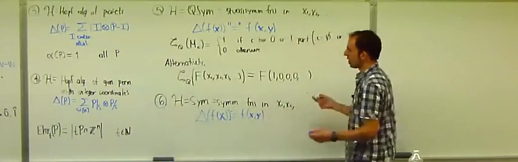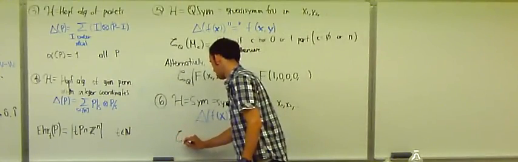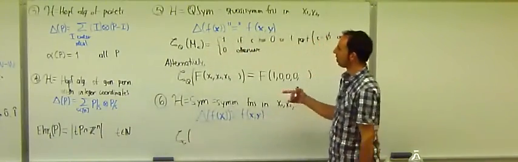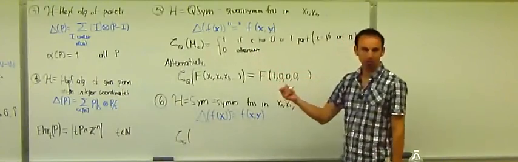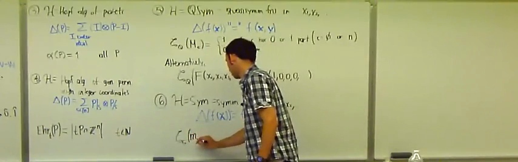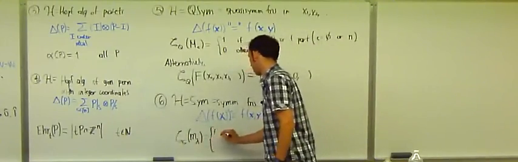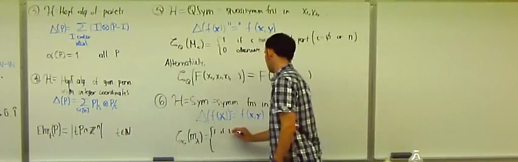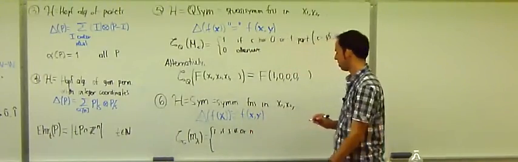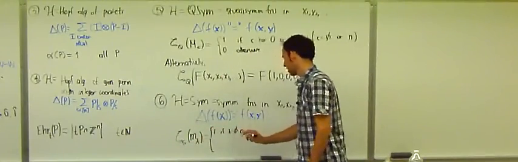And here I'm going to do the same thing where I describe my character in two ways. On a basis, I'm going to use the same monomial basis, except that now the monomial basis is labeled by partitions lambda. And so this is going to be 1 if lambda is either empty or a single element, and 0 otherwise.